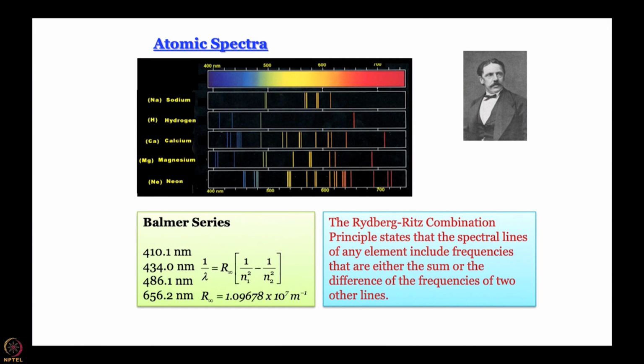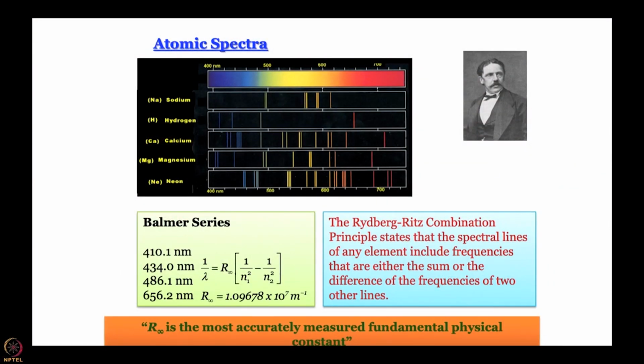Rydberg was sure. The experiment was done many times and it was found that we do have accuracy until that many places of decimal. So, the Rydberg constant was acclaimed as the most accurately measured fundamental physical constant.